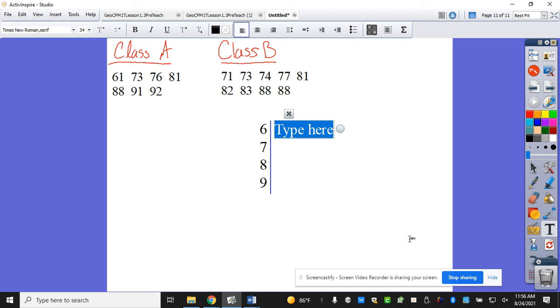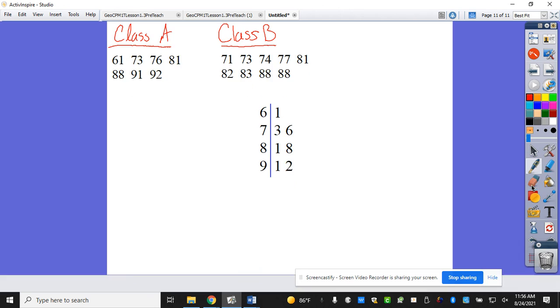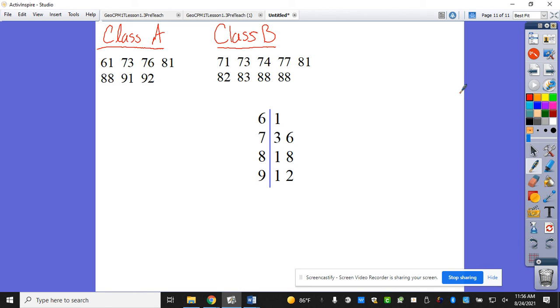What should go here? Below it would be then, and so, like I said, I'm doing this really sketched quick. I'm going to write class A over here.